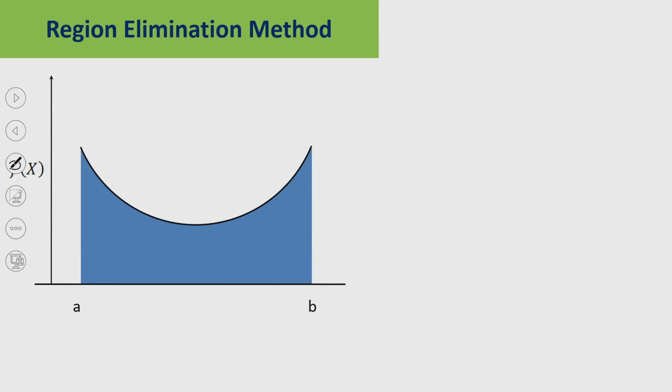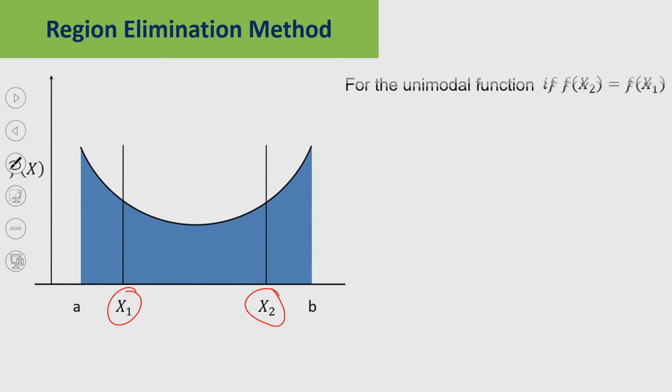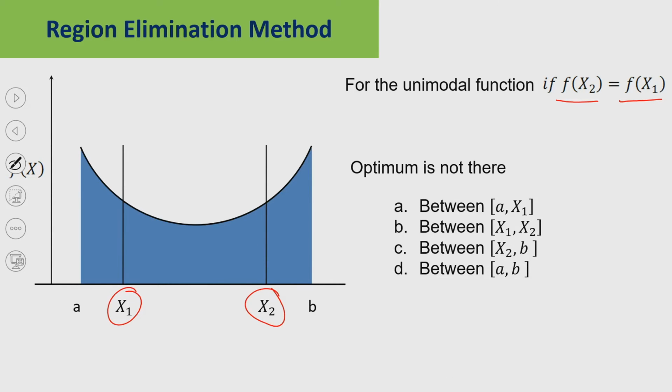Now, let us take the third question. For the same unimodal function, if I take another 2 points x1 and x2, in this case f(x2) is equal to f(x1). In that case which one is true?